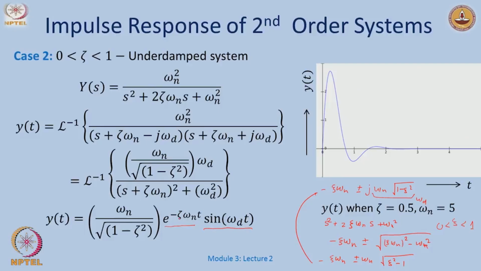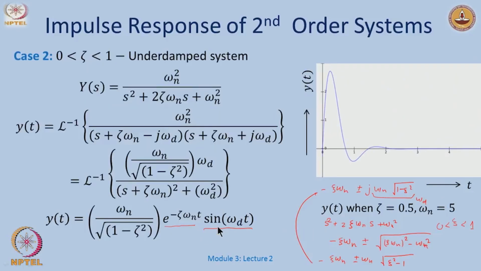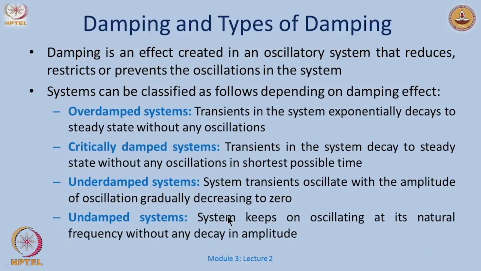I say exponentially decaying because all these quantities are positive, and with time it falls in value and goes to 0. Earlier I had sine omega n t, whereas here I still have a sine wave, but with a different frequency, omega d.